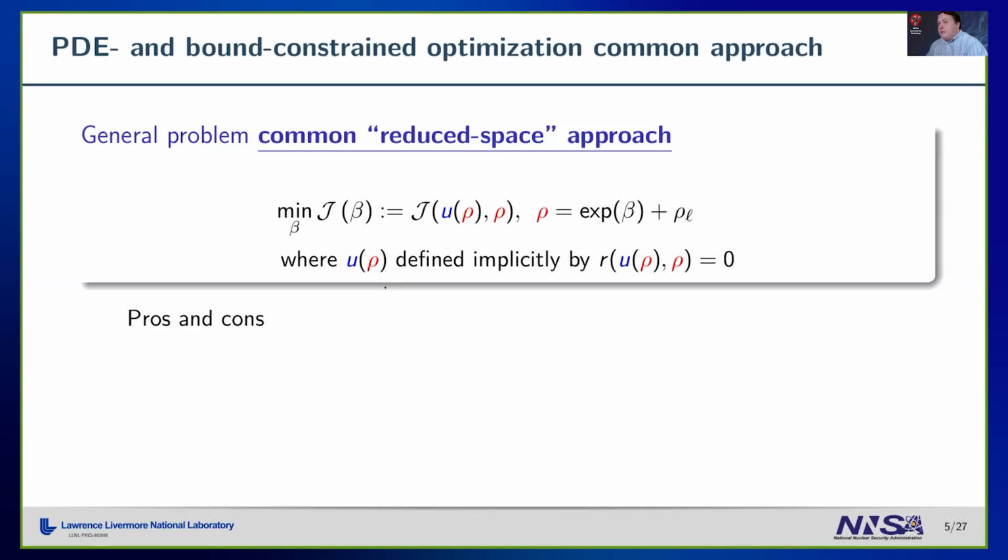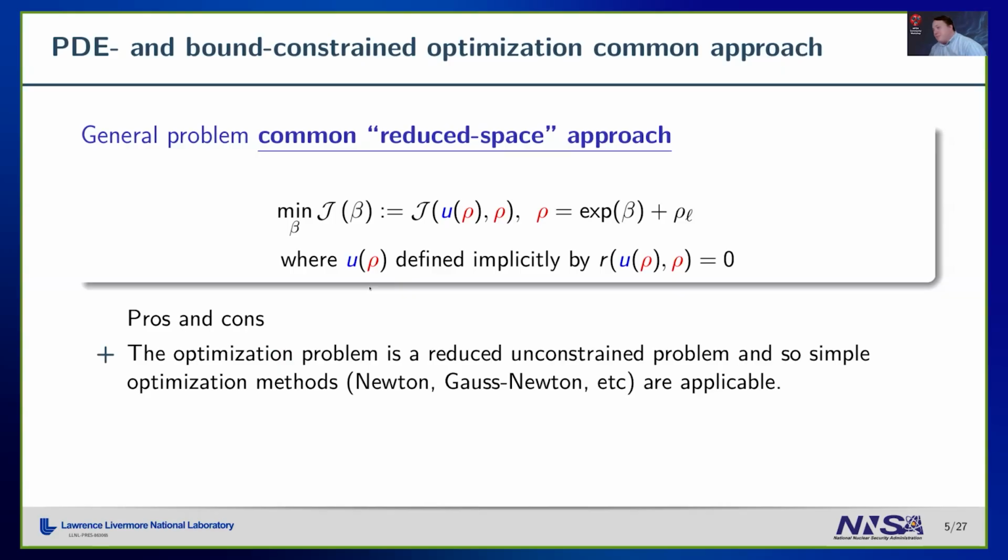That does lead to certain complications. Well, one, there are some benefits to this. One is that by eliminating the PDE equality constraint in the optimization problem, you've eliminated one of the constraints.